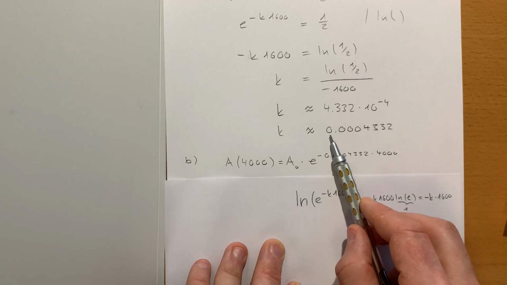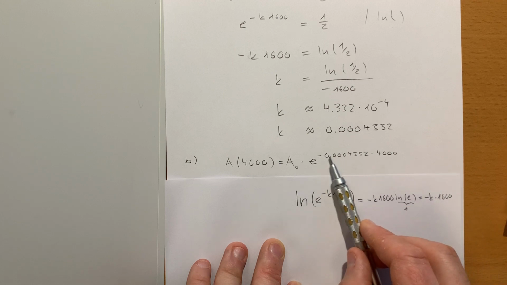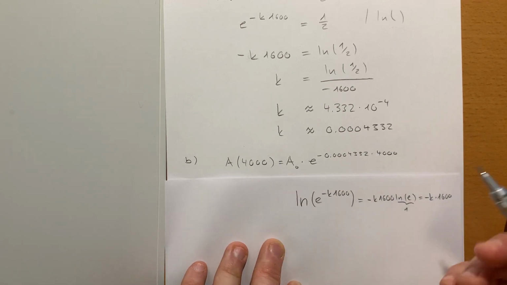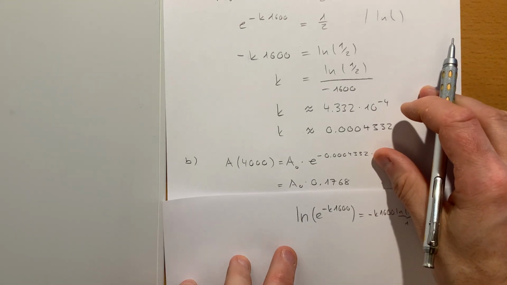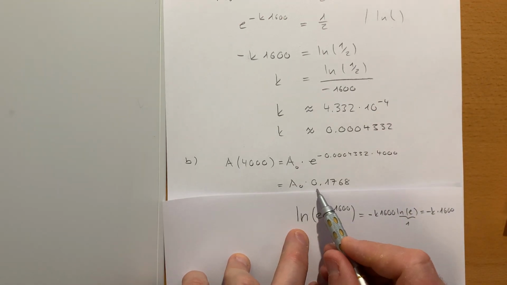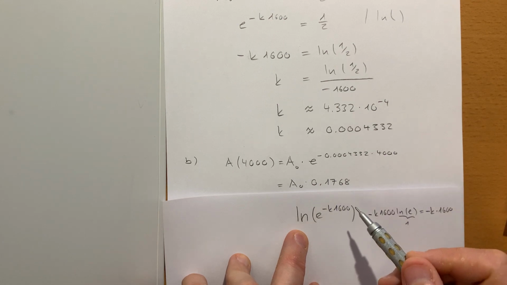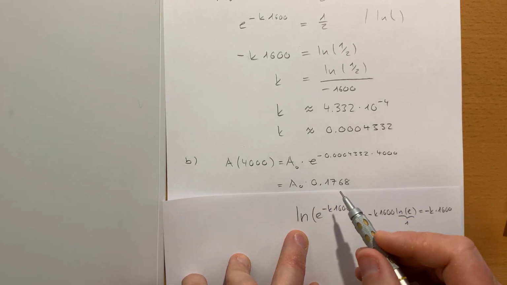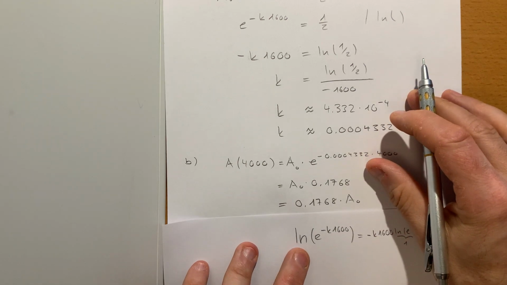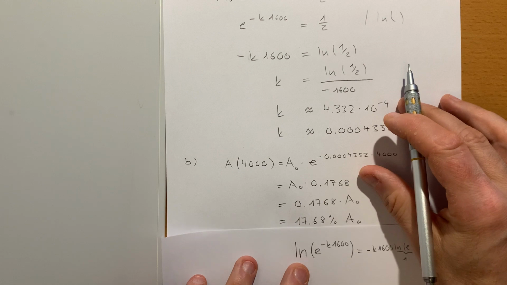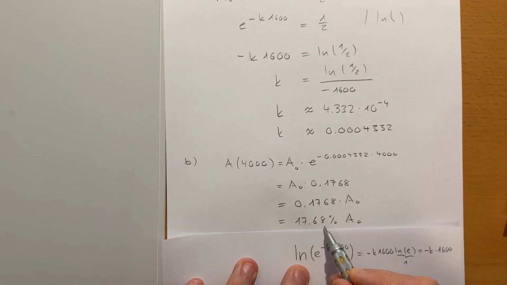So I'm not going to use this value, I'm using the stored value. So you type this in and you get A0 times 0.1768, which means it's 0.1768 times A0, which is 17.68% of A0.